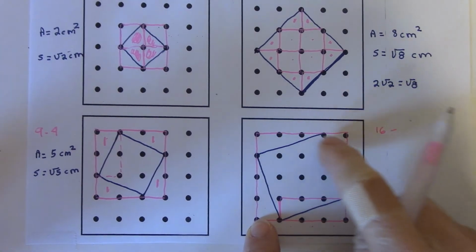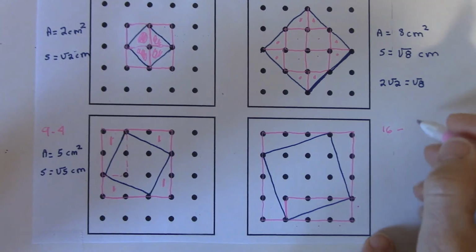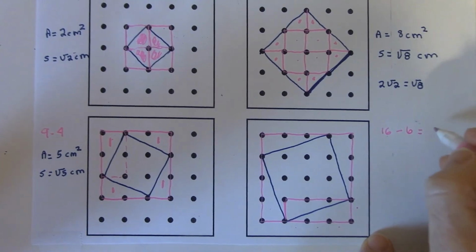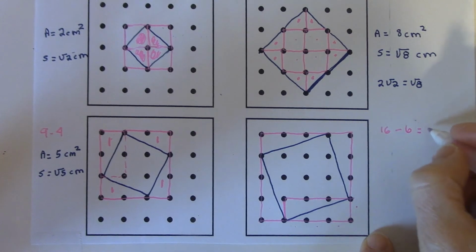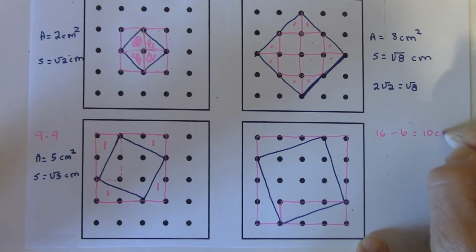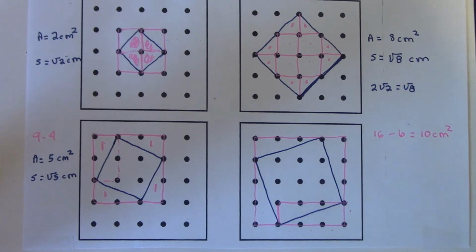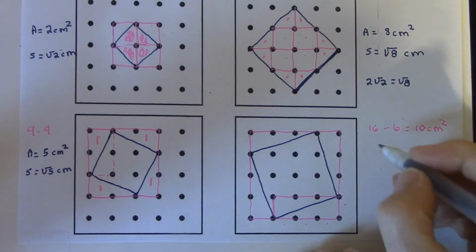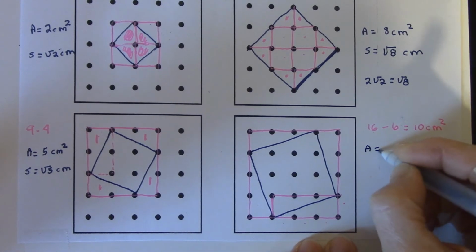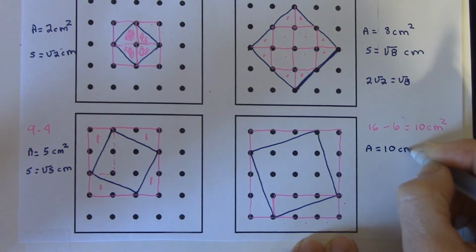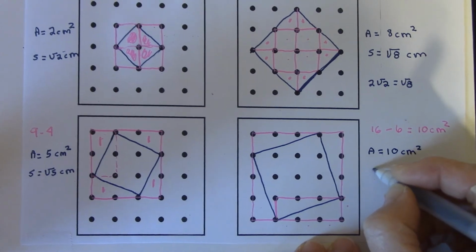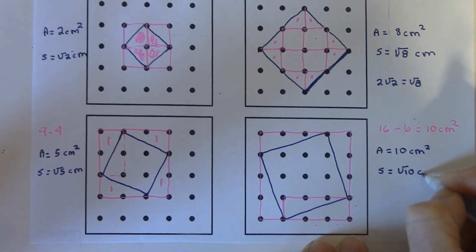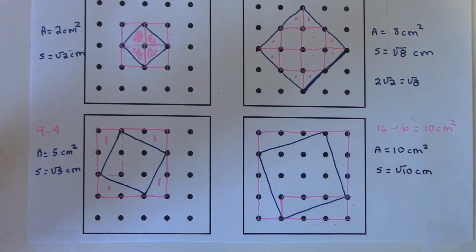These two together will give me 3, so that gives me 6. And so the area of my square on the inside is 10 centimeters squared. And so the length of each side is the square root of 10 centimeters.